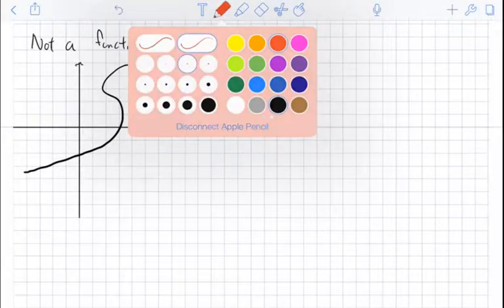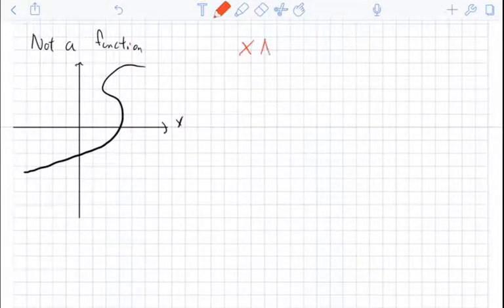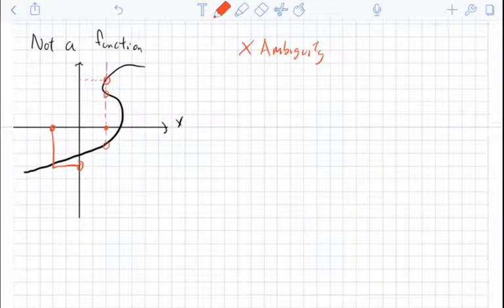It has to do with ambiguity. For any one input, I want there to only be one output, right? But when the input is this number here, there are 3 points where the line is above or below it. So is the output this number, or is it this number, or is it this number?